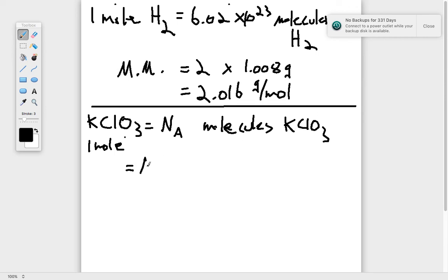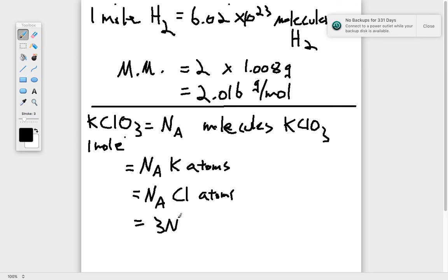There are Na potassium atoms. There are Avogadro's number worth of chlorine atoms. And there are 3 times Avogadro's number worth of oxygens.